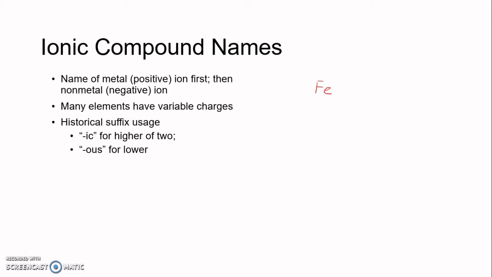Iron is element Fe. In order for iron to create an ionic compound, it can actually have 2 possible scenarios. Either it can lose 3 electrons, so it would have a charge of +3, or it can lose 2 electrons, +2.